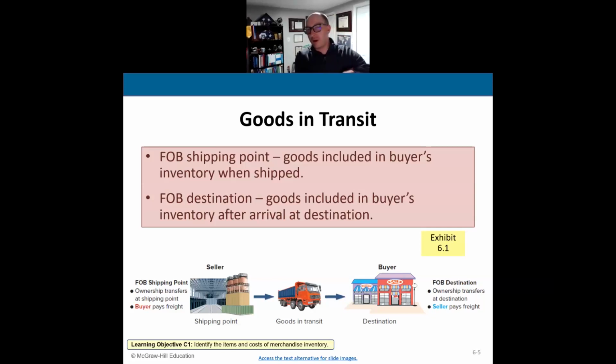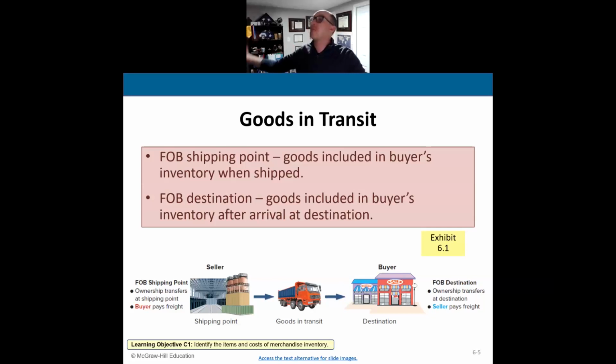So if I am purchasing, let's say I'm Macy's, okay, Macy's. I got two different kinds of vendors. All right, I got this one distributor A, and I got distributor B. Distributor A is free on board shipping point. Okay, what that means is Macy's, I need to include the inventory in my inventory at the time it was shipped to the store.